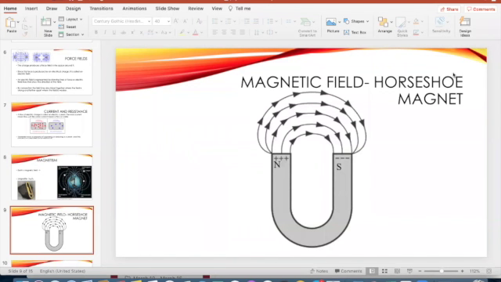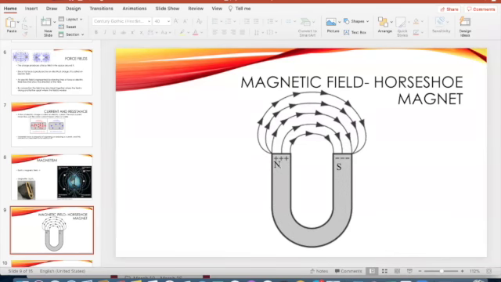This picture right here is a horseshoe magnet. The North Pole is the proton, so the electric field is pointing outward away from the charge. And our South Pole is the electron, the negatively charged particles, and the electric field flow is inward towards the negatively charged particles.